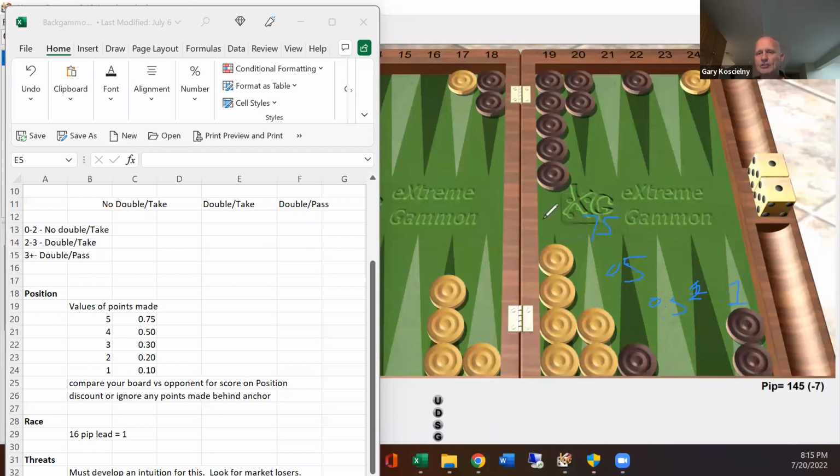The gammon potential is also a bit trickier, but if you practice and look at the gammon percentages, you get an idea, and usually it's close enough. For threats, we're going to value between 0 and 1. For gammon potential, in most cases, we're going to value between 0 and 0.5. There are some rare cases, which we won't get into now, where you might give it a value of more, where your gammons are so overwhelming that you have to take that into account.